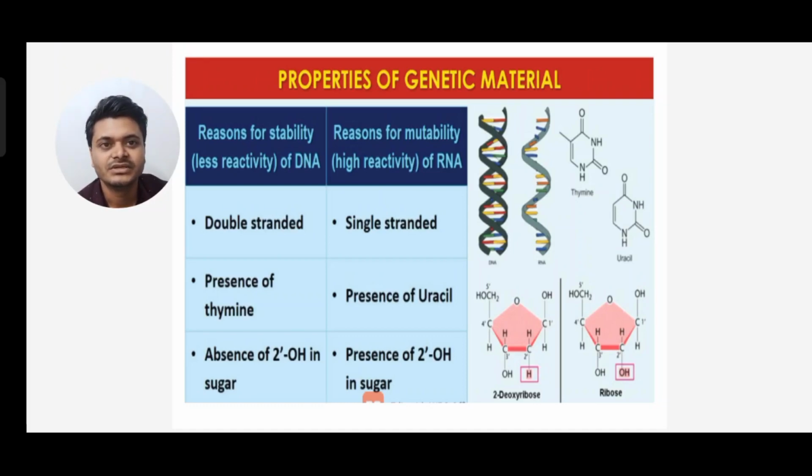DNA has thymine, and RNA has uracil. DNA has absence of the 2' OH in the sugar, whereas RNA has the 2' OH present. In the figure, in deoxyribose the oxygen group at the second position is absent, whereas in ribose the oxygen group is present.